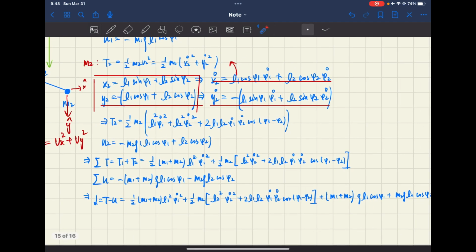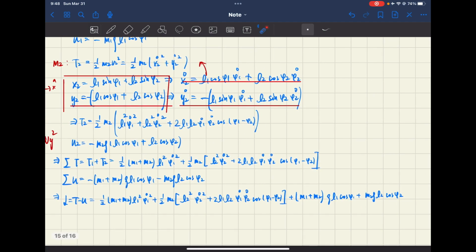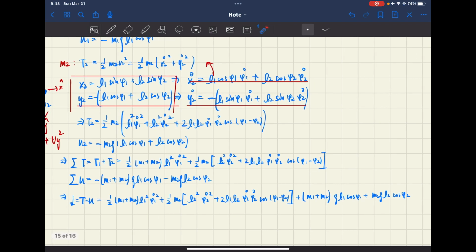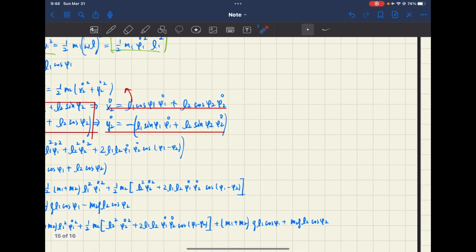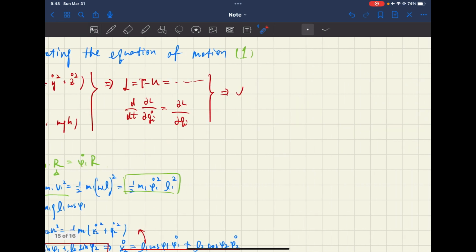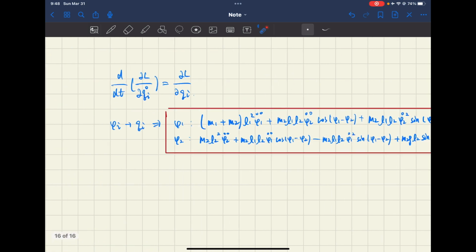So we subtract the potential energy from the kinetic energy, and we get this long term. I'll stay here for a second, unless you guys can check my calculations on your own. And then we use the Lagrange's equation over here.